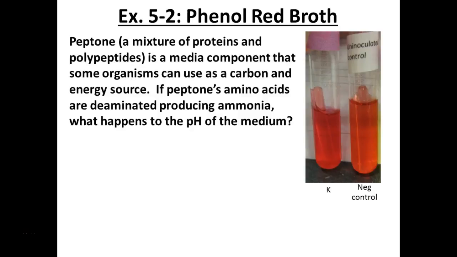Peptone, a mixture of proteins and polypeptides, is a component in this media. When they deaminate, when they use the protein as a source, they produce ammonia. Ammonia is a base, and so the pH of this media goes up.